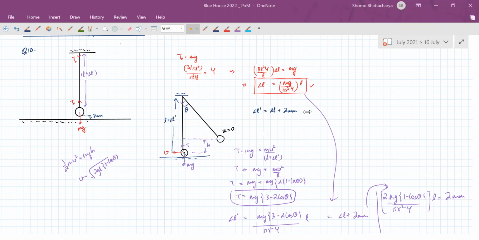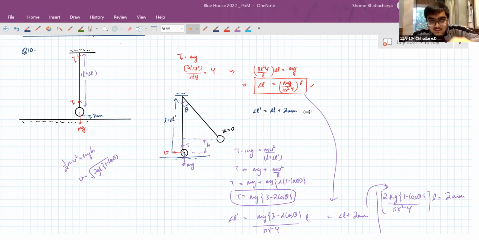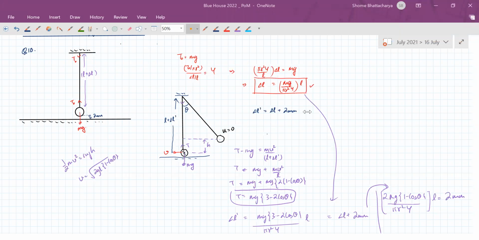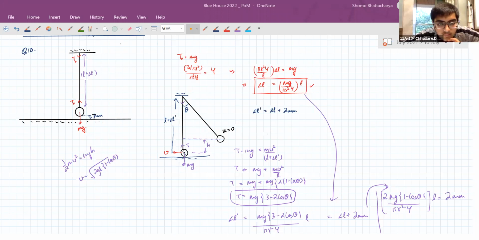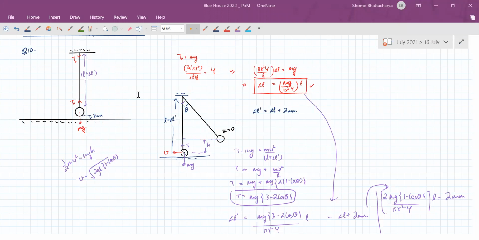Delta L dash is equal to delta L plus 2 mm. Sir, it is saying that at equilibrium it is equal to 2 mm, no? Between the floor and the ball, the distance, yes, that's the above diagram. That's the equilibrium, when you just suspended it and it's not acting like a pendulum. Understood?